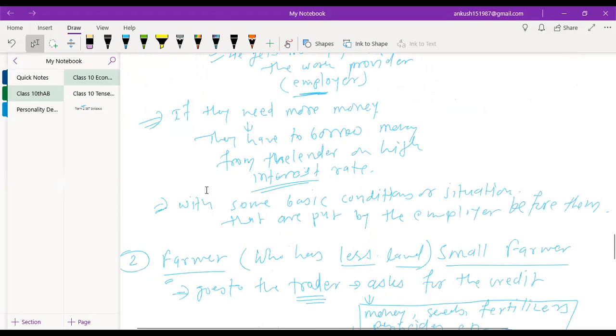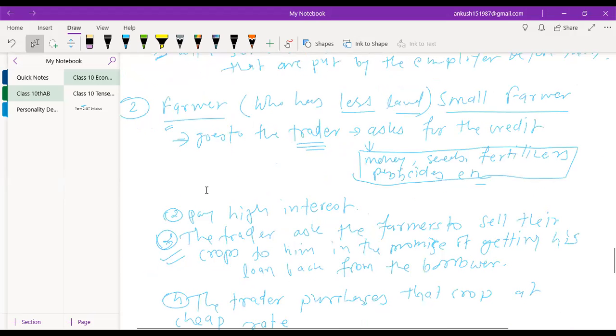Second thing, the farmer is always in a debt trap, as the moneylender or the agricultural trader clutch them into such conditions that the farmer cannot deny getting credit from them, even if they know that they are in the debt trap. Understood? Even if they are in debt trap.